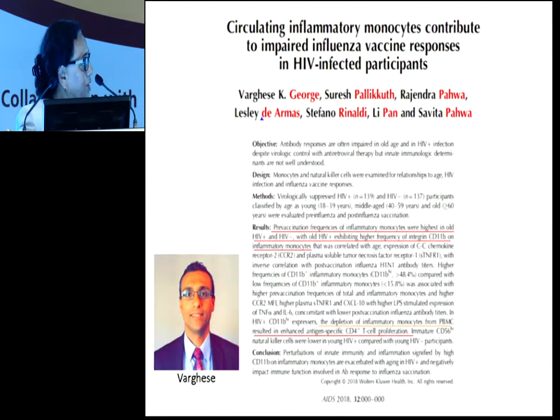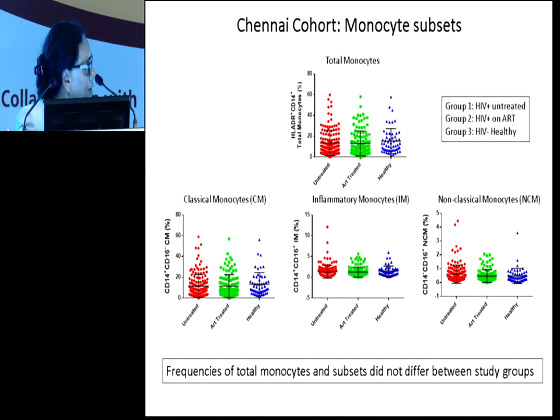So we looked at these same markers in the Chennai cohort, and we found that there was, first of all, no difference in the subsets of the monocytes, the classical, inflammatory, or non-classical, in either the untreated or the treated or healthy controls. They were all the same.